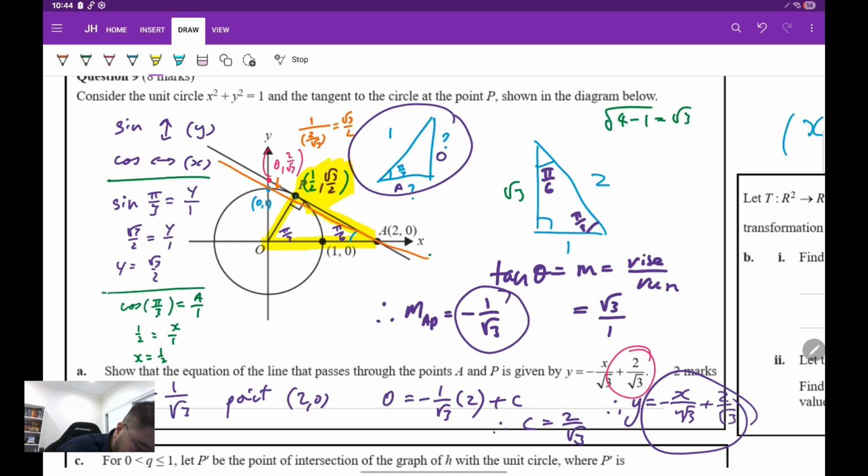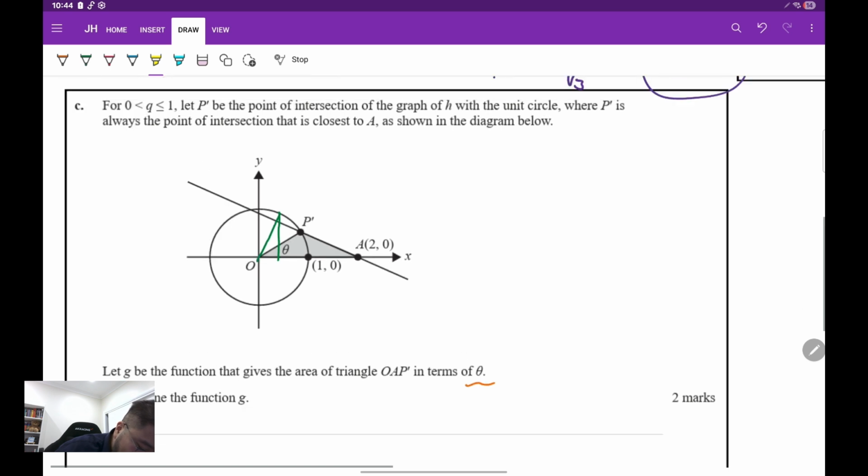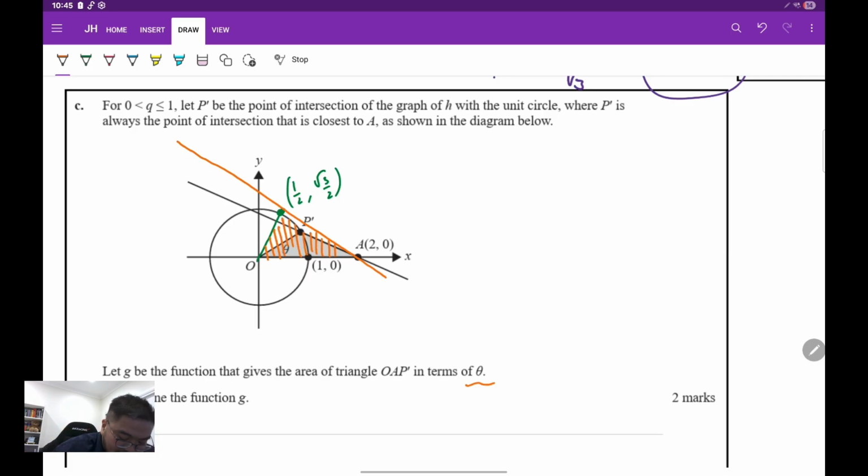This coordinate is very useful because it will pinpoint that exact point where P dash will only have one intersection point, at half root 3 on 2. If we draw the tangent line going down that way, we can see that we still have a triangle over here that we can find the area of, and it's almost like set at that perfect point.